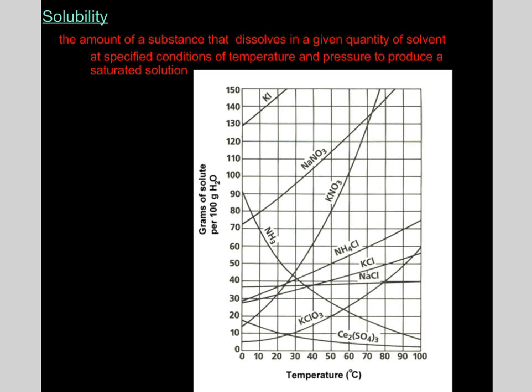Solubility. Solubility is defined as the amount of a substance that dissolves in a given quantity of solvent at a specific temperature and pressure to produce a saturated solution. This graph shows you maybe 8 or 10 different substances, and their solubility in 100 grams of water.